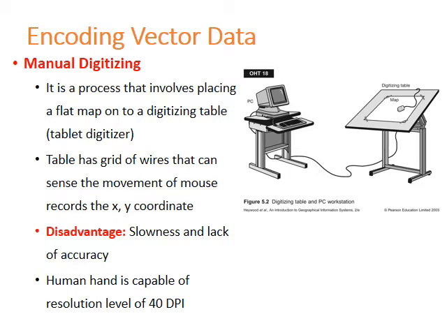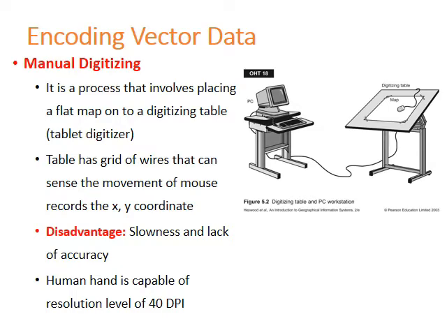As the digitizer puck is moved on the topo sheet which is laid on the tablet, it will be traced, and the x, y coordinates will be recorded, and that will be transferred into the computer. This is one of the very tedious processes, as you need to move the digitizer puck on the entire topo sheet or the map that you want to bring into a vector format.